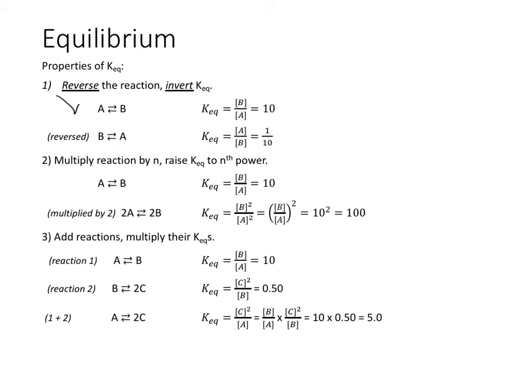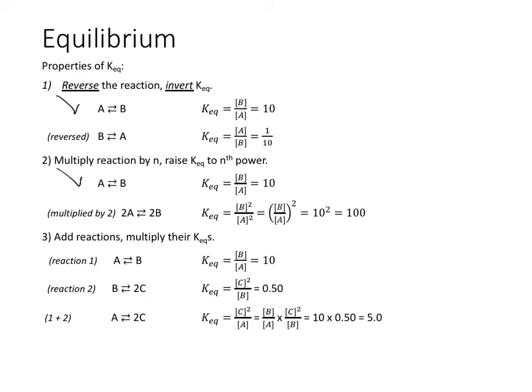Our second important property of KEQ is if I multiply the reaction by some number n, then I'm going to raise the value of KEQ to that nth power. Again, there's my initial reaction. One more time, KEQ, B over A, is 10.